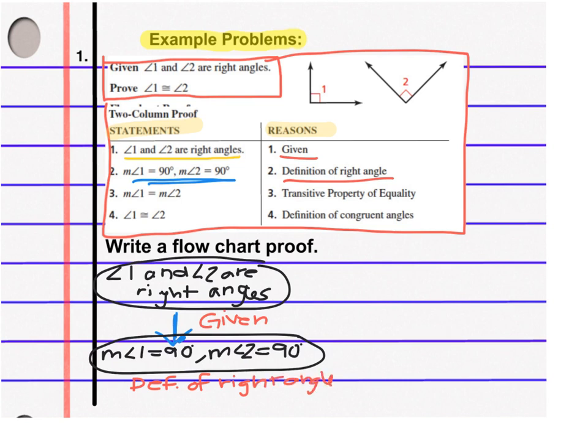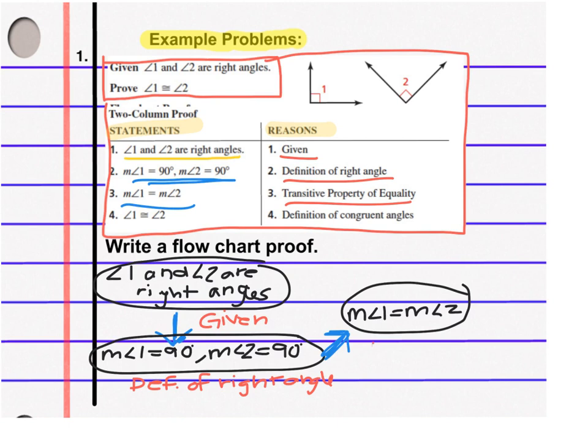Okay. Then I'm going to come over here. I'm going to do my next line, angle 1 equals angle 2. And my reason is going to be the transitive property.